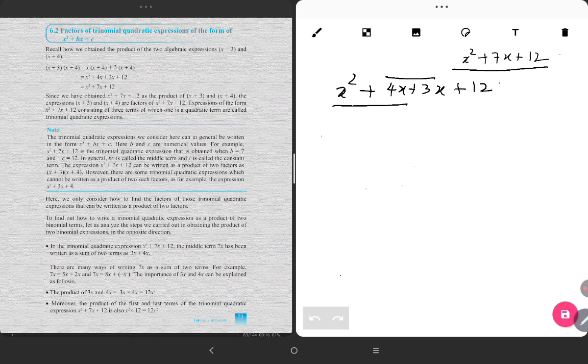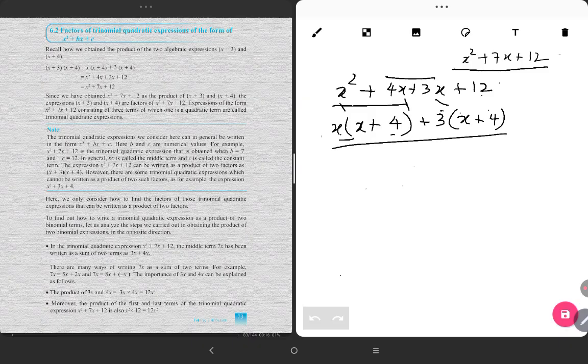Now if we factorize these two, we can take x out, x plus 4, and here 3 out, and then x plus 4. Why? 3 times 4 is 12. 3 times x is 3x. X times 4 is 4x. X times x is x square. Now we see a common term here, x plus 4.